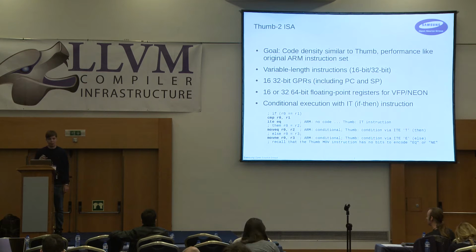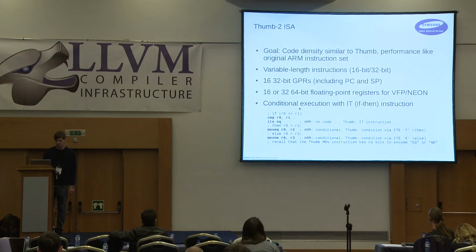In order to conserve instruction space, instructions no longer have a 4-bit condition code, but there's a new instruction called IT, or if-then instruction, which allows you to execute up to four instructions conditionally, and they can be predicated on the predicate passed to the if-then instruction or the inverse of that.